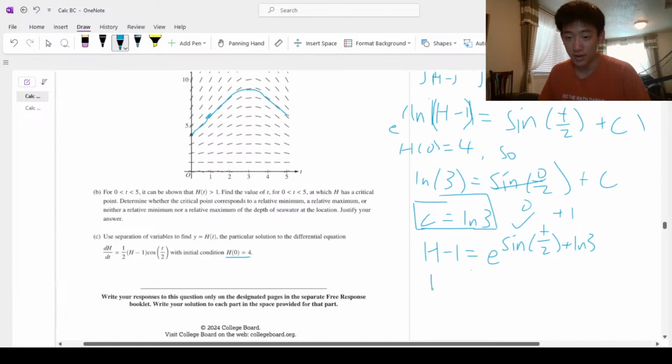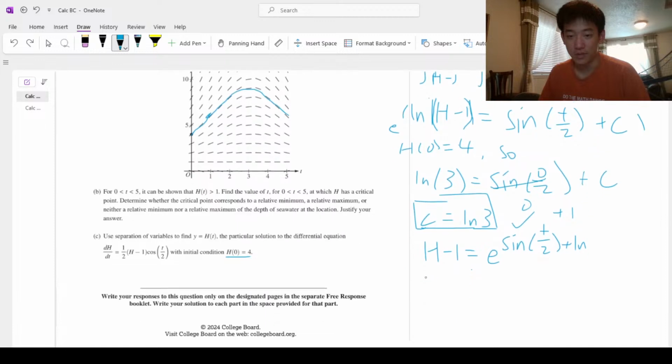So h equals, oh, it has y here. So you can write this is ln 3. You can write y equals h of t equals e to the, you're just adding 1 to both sides, e to the sine.